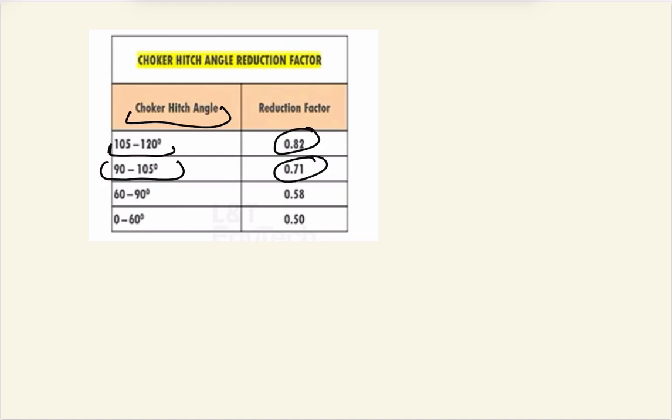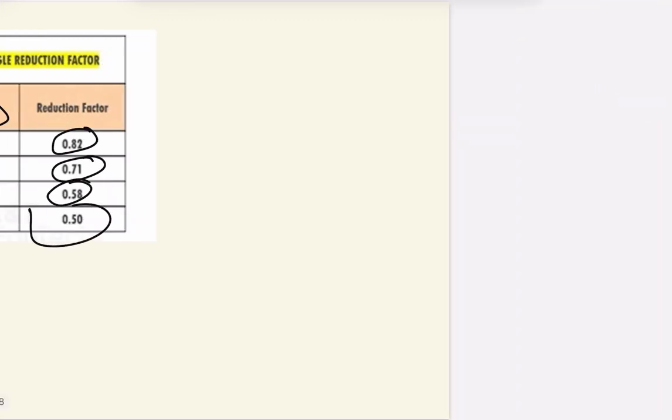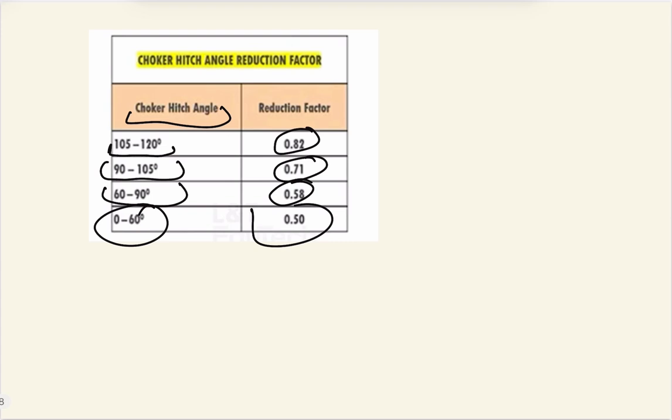Between 90 to 105, the reduction factor is 0.71. 60 to 90, the reduction factor is 0.58. 0 to 60, 0.50. This angle is basically the choker angle. So based upon the angle, you just multiply the SWL with this factor. Then you will get your answer.